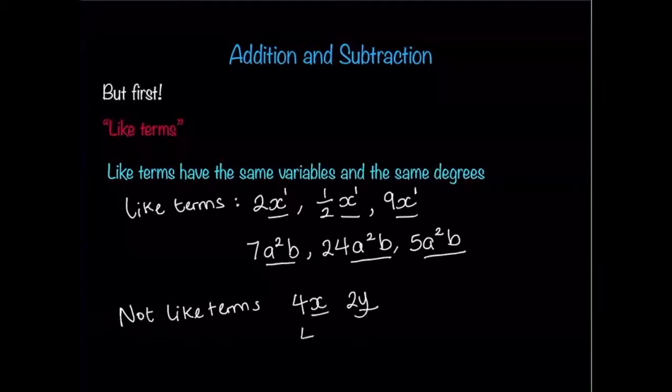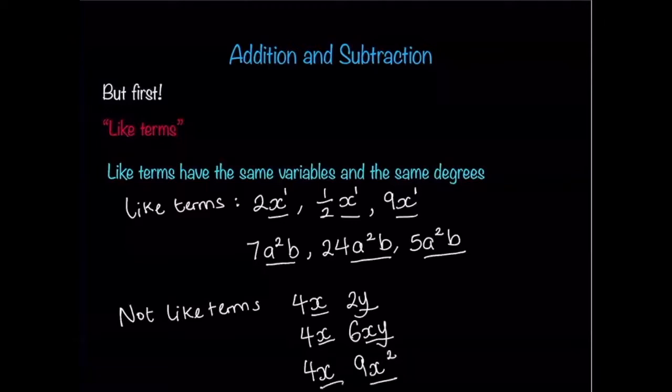Also, 4x and 6xy, because this has a variable of x, but this has a variable of xy. And then 4x and 9x squared. Even though they both have x, the x's are to different degrees. So this is to the degree of 1, while this is to the degree of 2. And so they're not like terms.